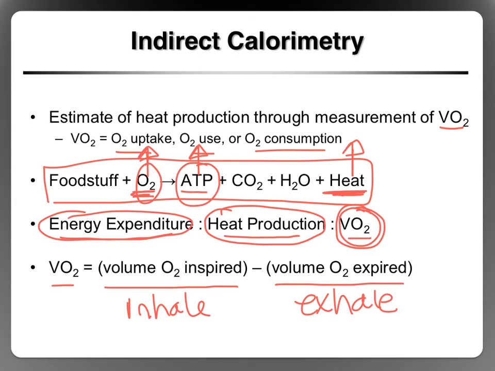Because any time you inhale, you take in a volume of air, you take in a certain amount of oxygen, and when you exhale, you're exhaling air which also contains oxygen. So if we know the amount that was taken in, subtract the amount that you exhaled, the difference is going to be the amount that you actually use, VO2. Very simple calculation.